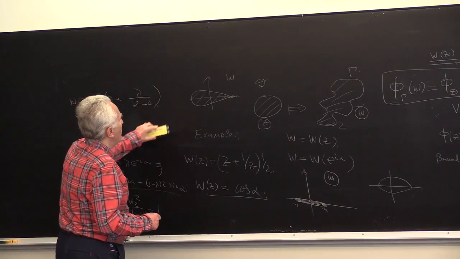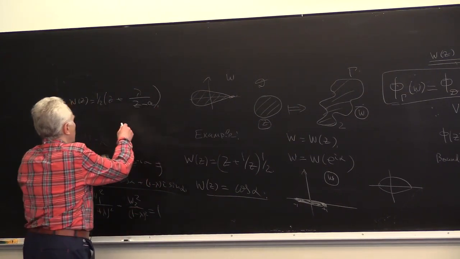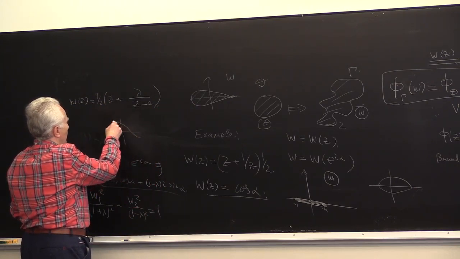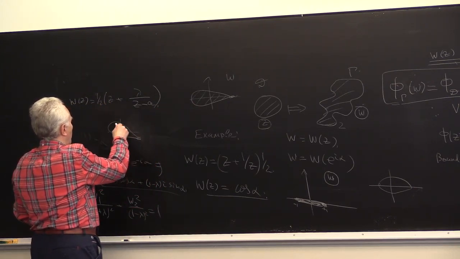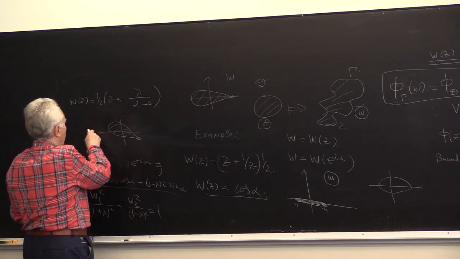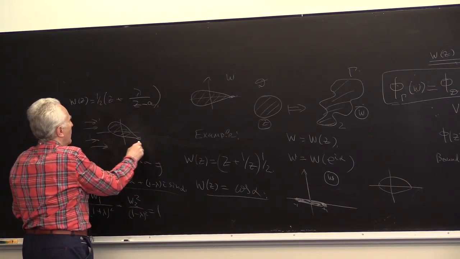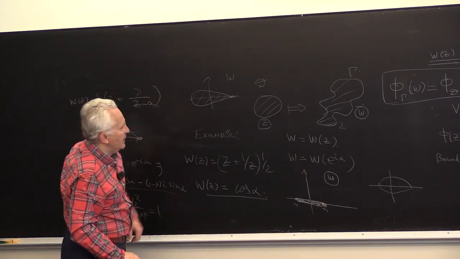Namely, when we look at this, we easily get the map of this for the flow of this type, just by rotating this picture.